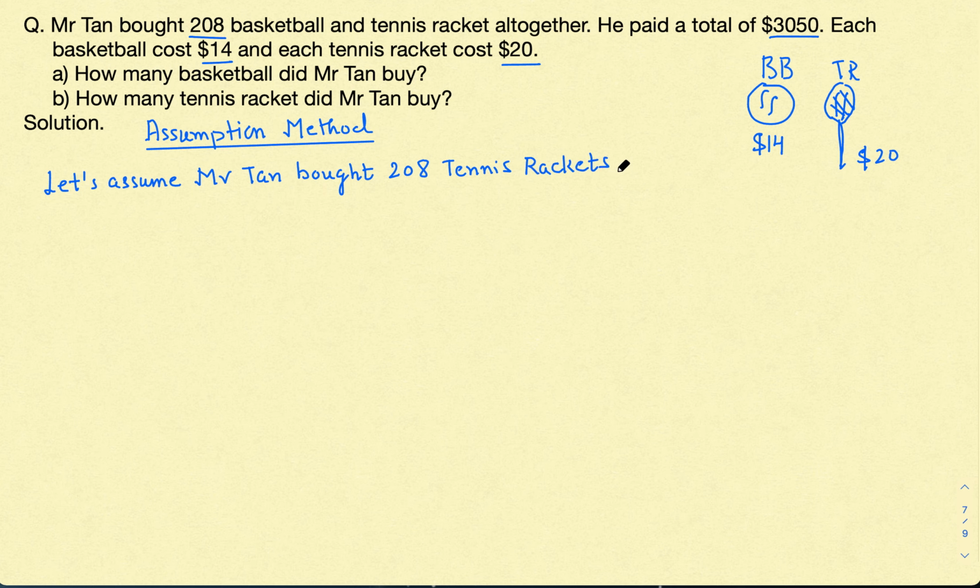Let's say all of the sports items that he has bought were tennis rackets. If he would have done that, how much would he have paid for these 208 tennis rackets? He would have paid 20 times 208, because the cost of one racket is $20. So let's calculate the cost of 208 tennis rackets.